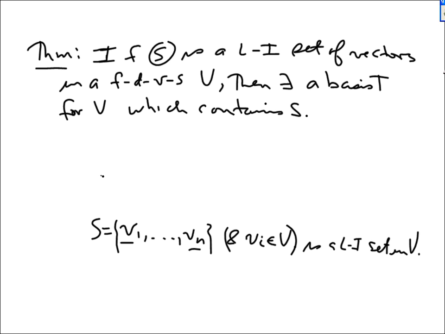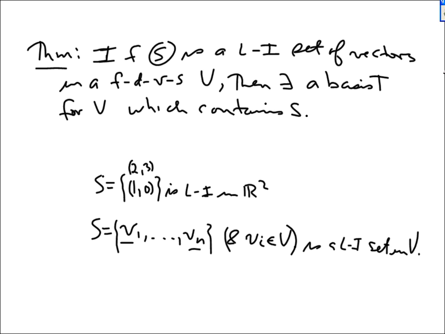For example, if S is equal to the vector (1, 0), this is linearly independent in R2, but it's not a basis. It needs another vector. It needs the vector (2, 3). It doesn't have to be the vector (0, 1).